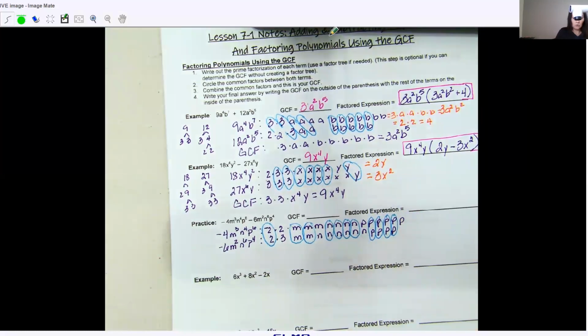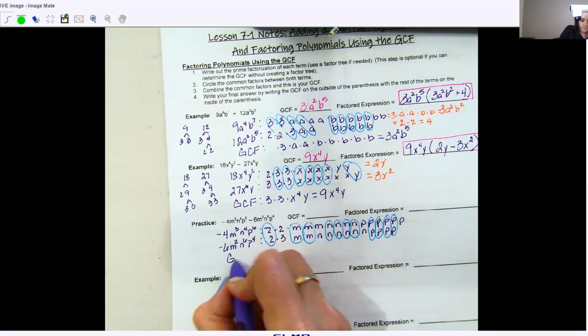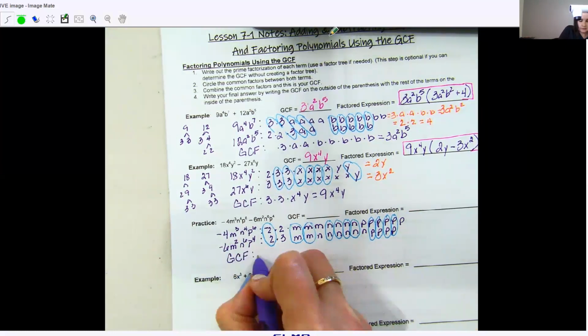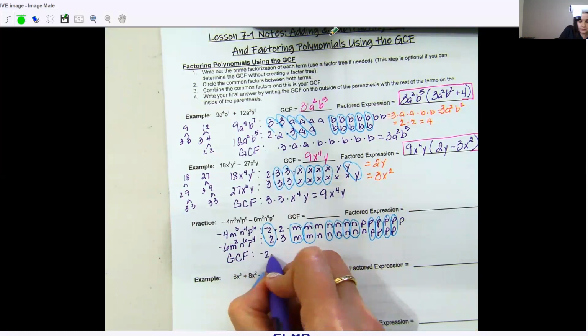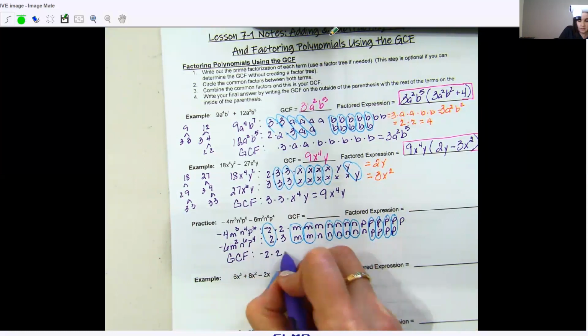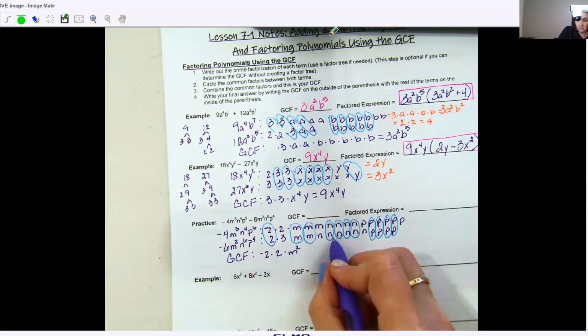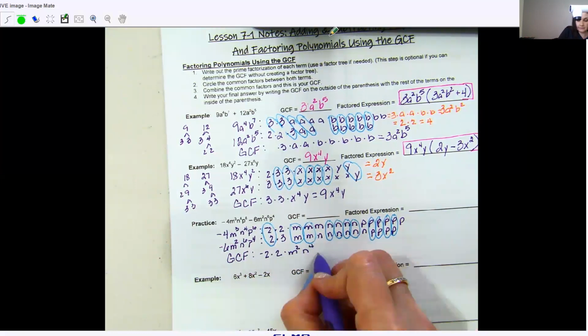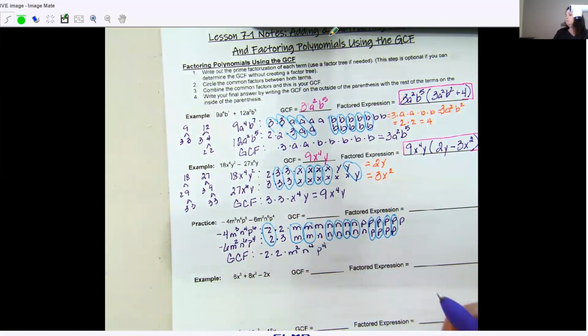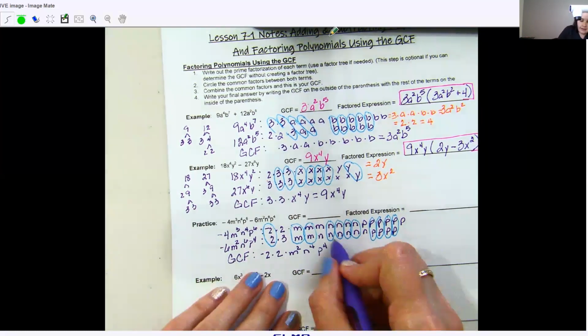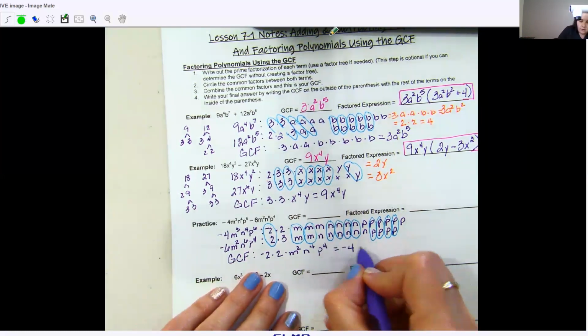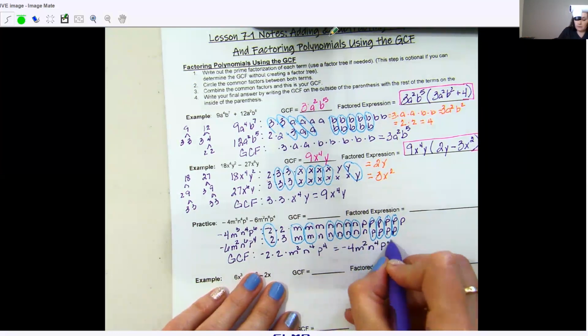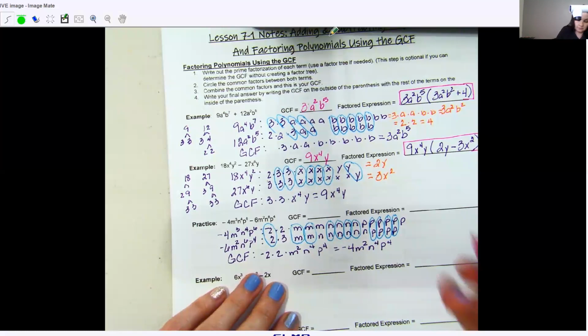Okay. So my greatest common factor is negative 2 times 2 times m squared times 4 n's, so n to the fourth, and 4 p's, so p to the fourth. So I can write this as negative 4 m squared n to the fourth p to the fourth, and that is my greatest common factor.